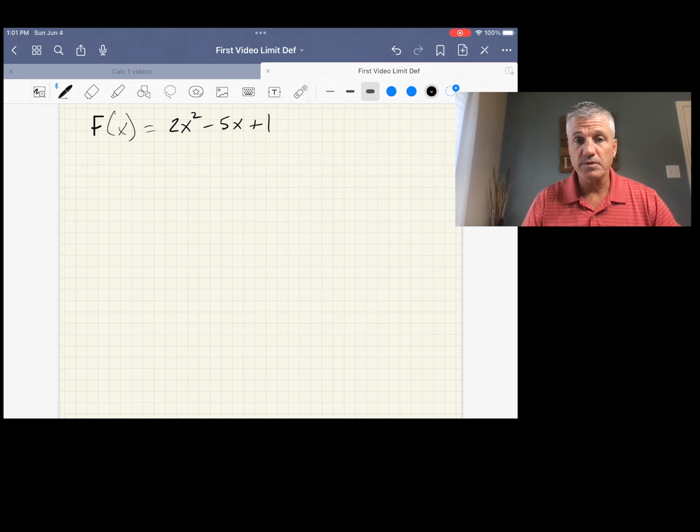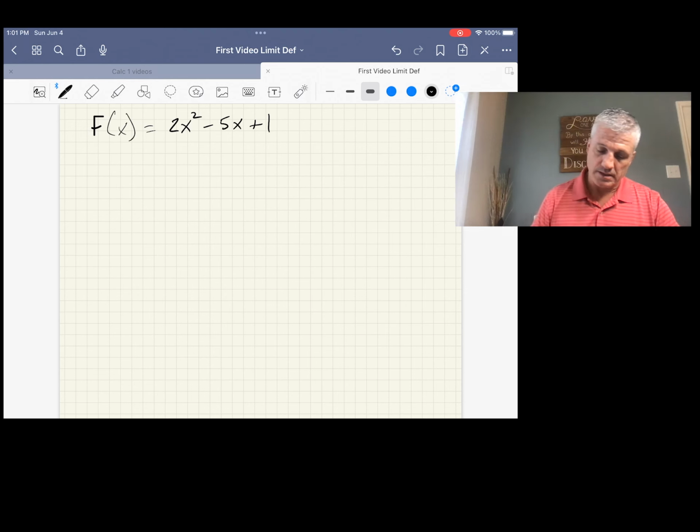Okay, hopefully you were able to get that done. Let's look at it here. So as we've mentioned, the derivative is the limit as h goes to 0 of, I'm going to plug x plus h in here.